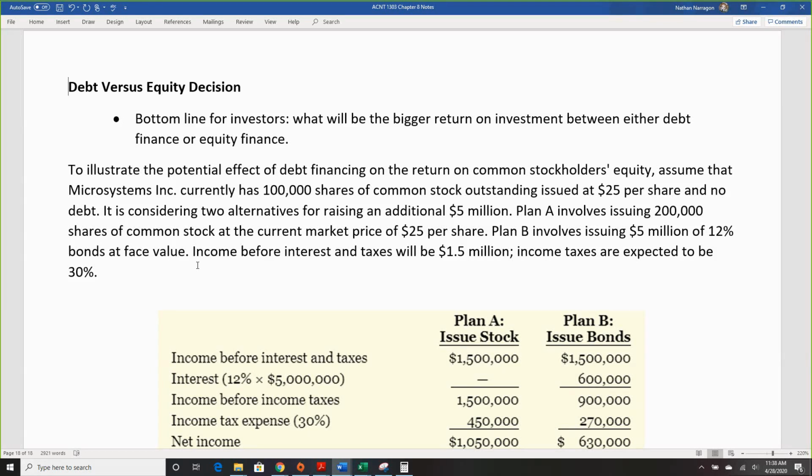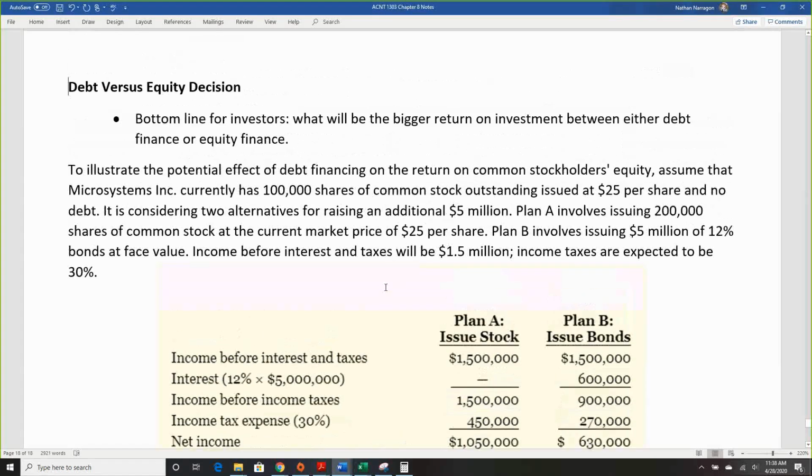They give you, I don't give you a big problem, but basically it's how investors are going to look. They're going to look at the bigger return. I'm going to say this, for a company standard, bonds have a lot of advantages, but equity does too. So we're going to look at how they both affect.